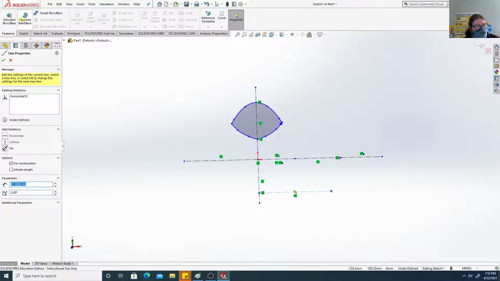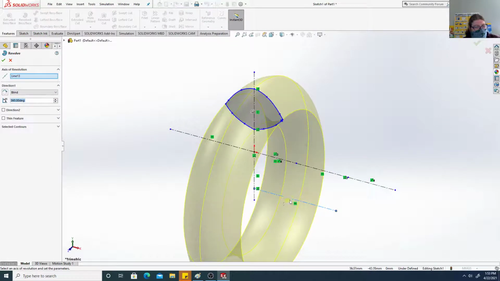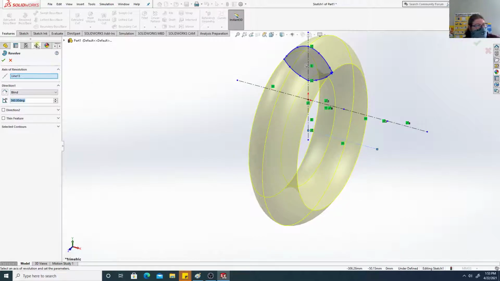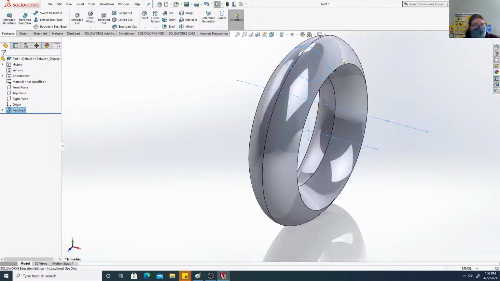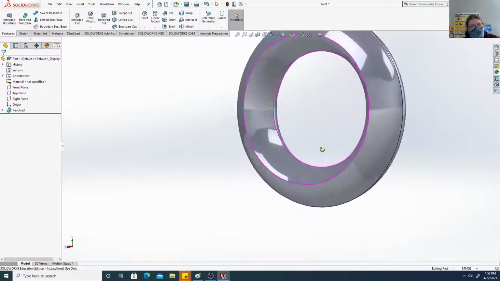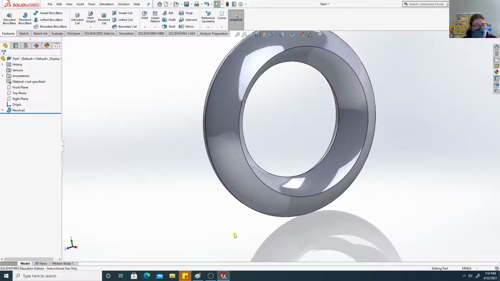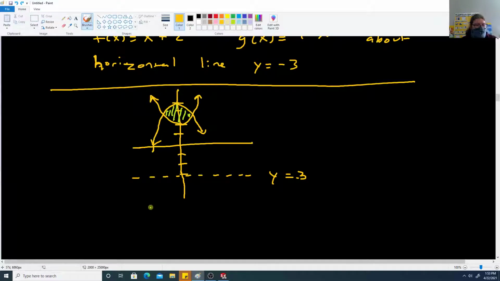We revolve it around this bottom line, and the result is some sort of ring-looking shape. So visually, that's what we're trying to do.